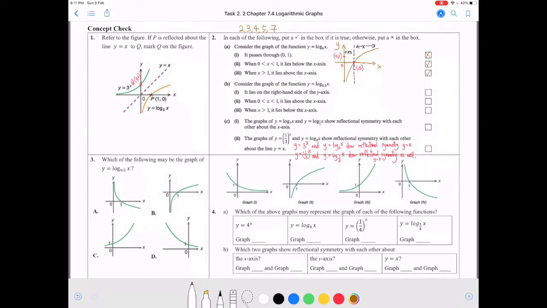Correct. B. Consider the graph of the function y equals log base 0.2 of x. It lies on the right-hand side of the y-axis. First, we can draw the graph.